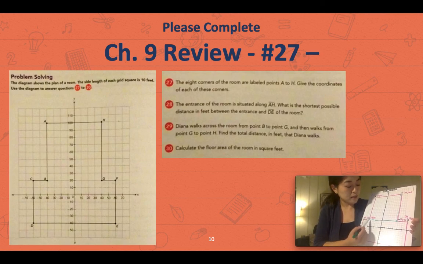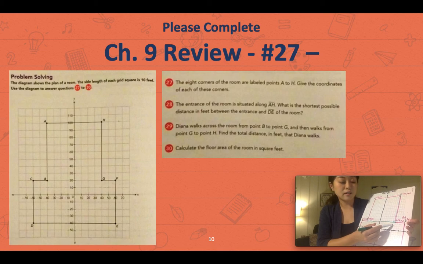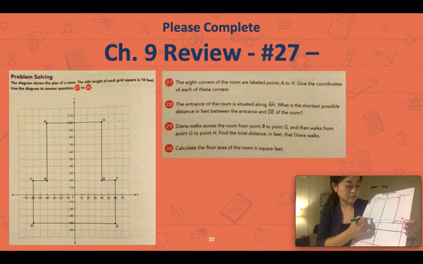So from B to G, I notice it is negative 40 from here, and then it is positive 40 from here. So this is 40 plus 40, which is 80 feet over here.